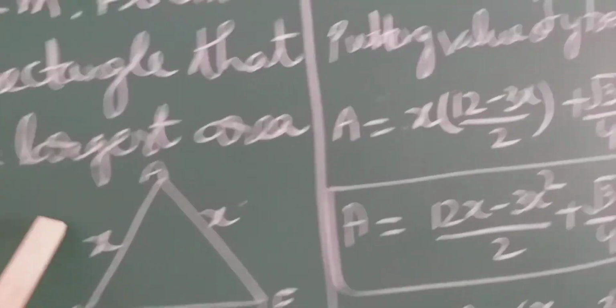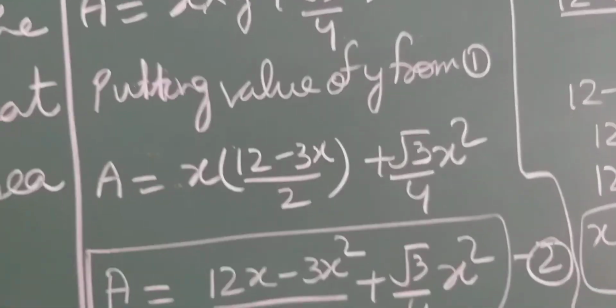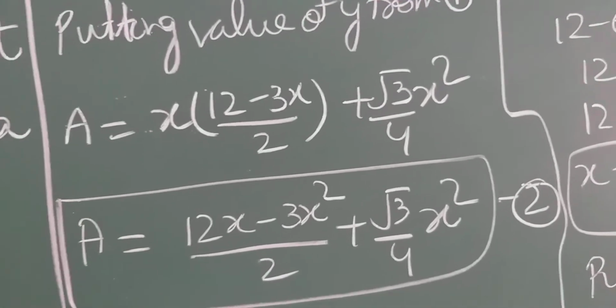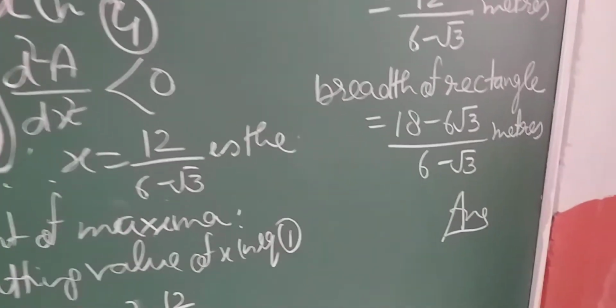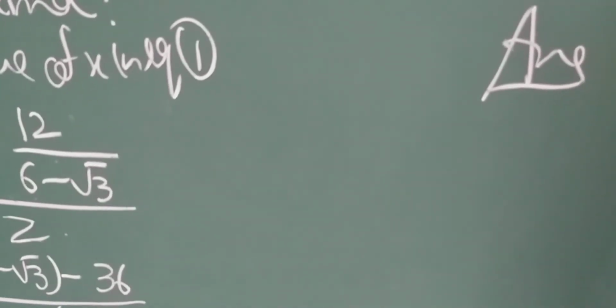That's why we have calculated the area of the window and differentiated the area, because we have to maximize it. Okay, so this is the method of solving a maxima minima language problem. Okay then, student.